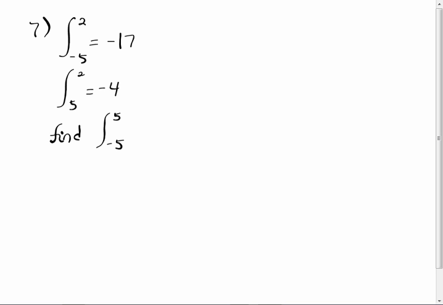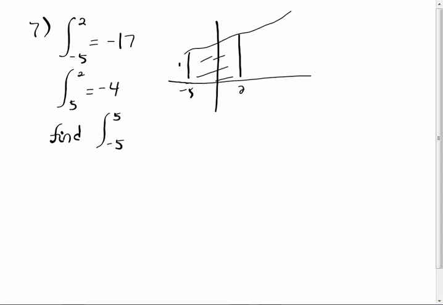Okay, let's do this visually. This is the area from -5 to 2. That's what the first integral is. That's -17. Not obviously drawn to scale. It's supposed to be negative. But what's wrong with this area?